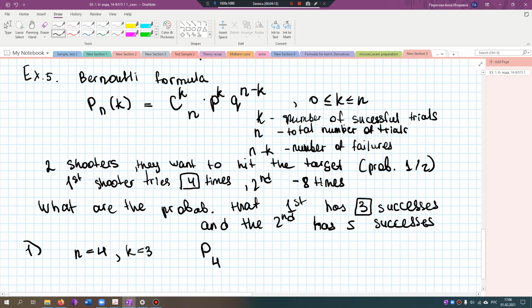So instead of n, we take 4, instead of k, we take 3, and by the formula, we will find that it is a combination of 3 taken from 4, multiplied by 1/2 in the third power, because it is the number of successes, and multiplied by 1/2 because it is the number of failures, and it will be equal to 4 multiplied by 1 divided by 2 in the power of 4, and in total it will be 1/4.